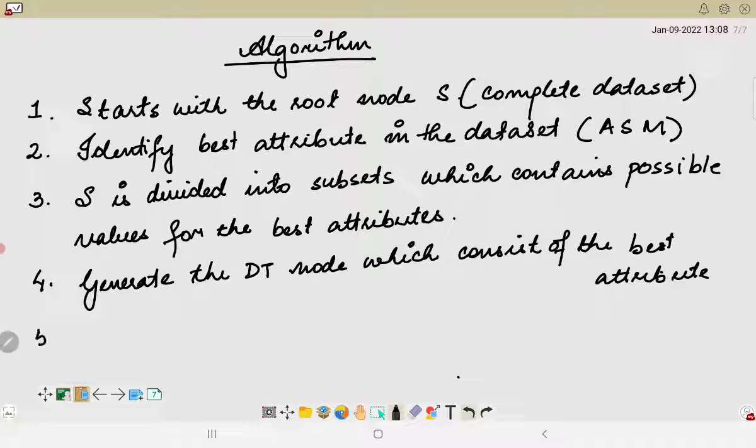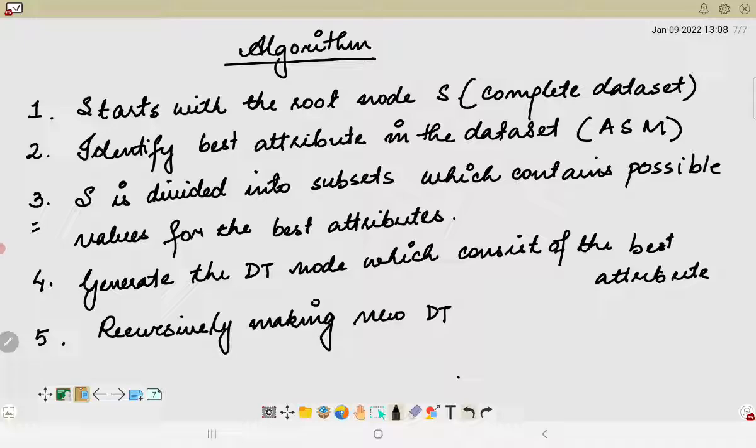Okay, and the final step is we will go for a recursive activity of the same steps. So we will be recursively making new decision trees using the subset of the class which we have created in step 3, and we will continue this process until there is a stage where we cannot further classify the nodes.